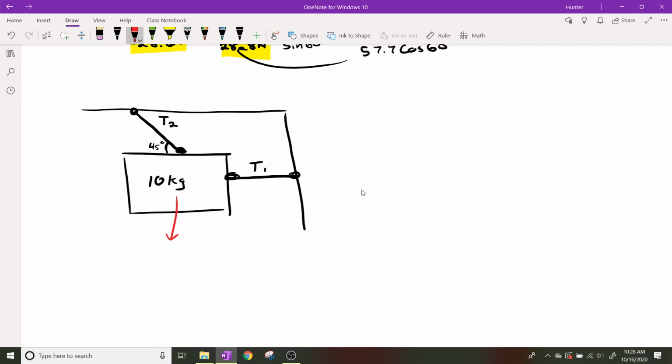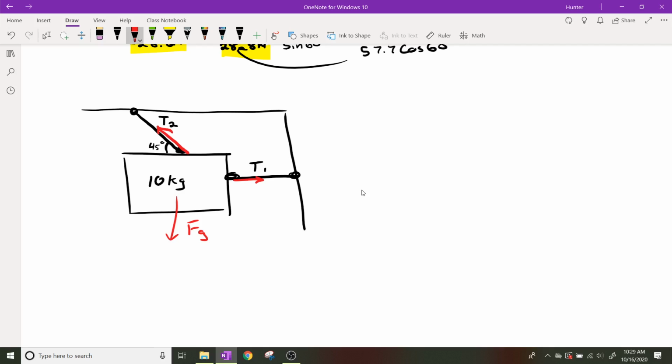We've got the force of gravity going down. We've got T1 going this way, and it's already labeled. We've got T2 going this way. Any other forces? Nope, that's it. I think we're pretty good on that one.